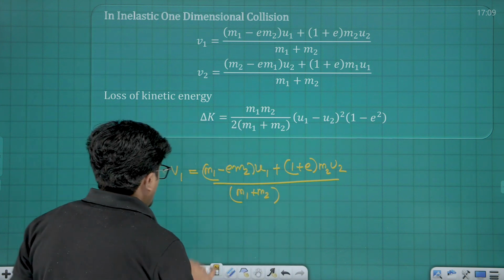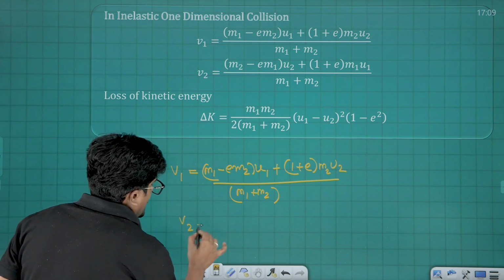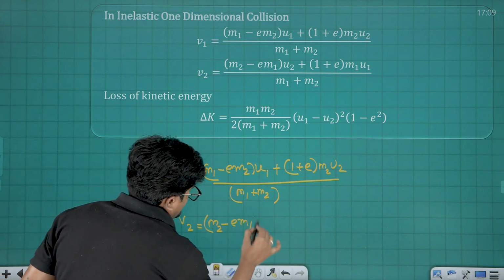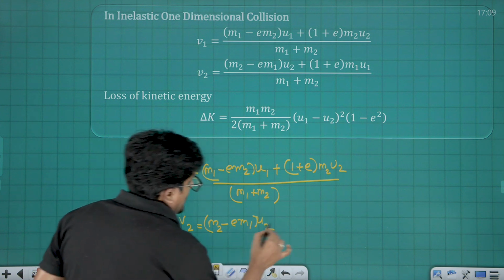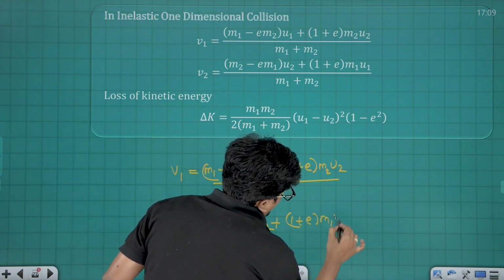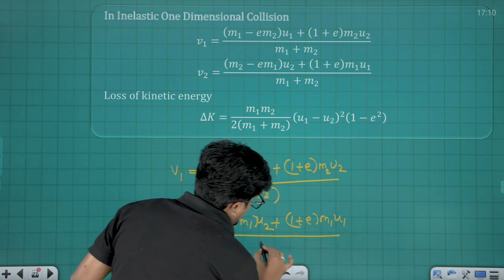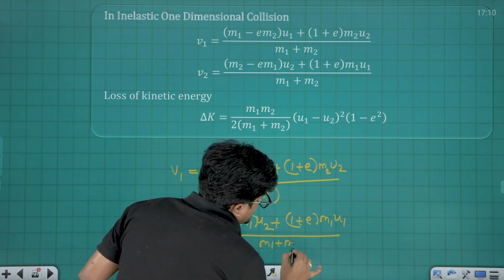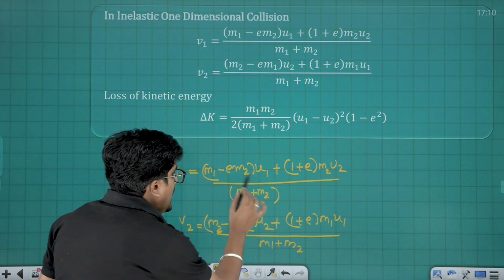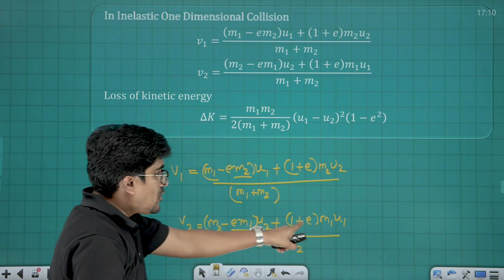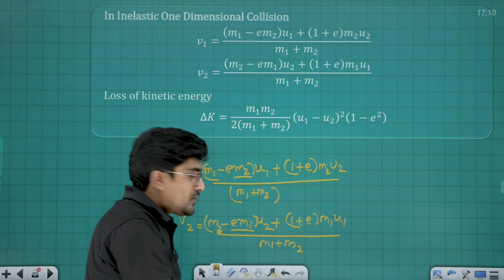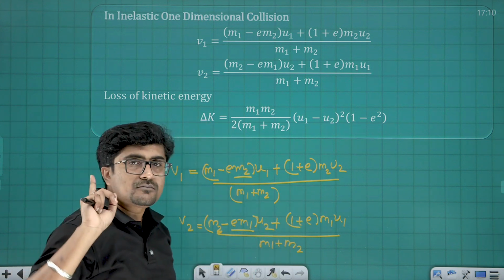Similarly V2 is going to be (M2 minus E times M1) into U2 plus (1 plus E) into M1 U1, all divided by M1 plus M2. The only difference is that there it was M1 and M2, here E is appearing. Instead of 2, 1 plus E is coming. Just substitute the value of E equal to 1, and you will get the exact same expression.